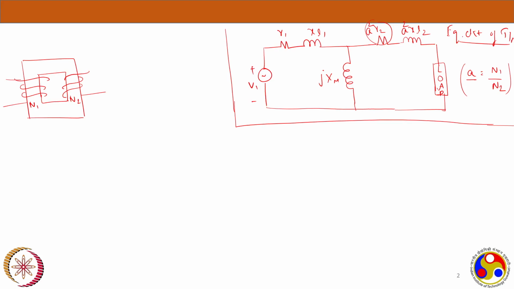This is the very basic principle of how a voltage is induced in a coil. Let's say you're passing a current through the coil, and because of that current, flux will be created, and it will link with the other coil.